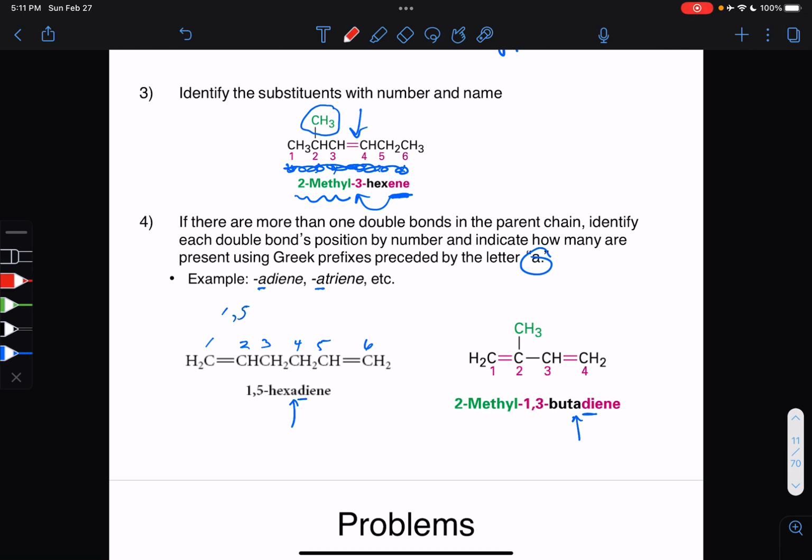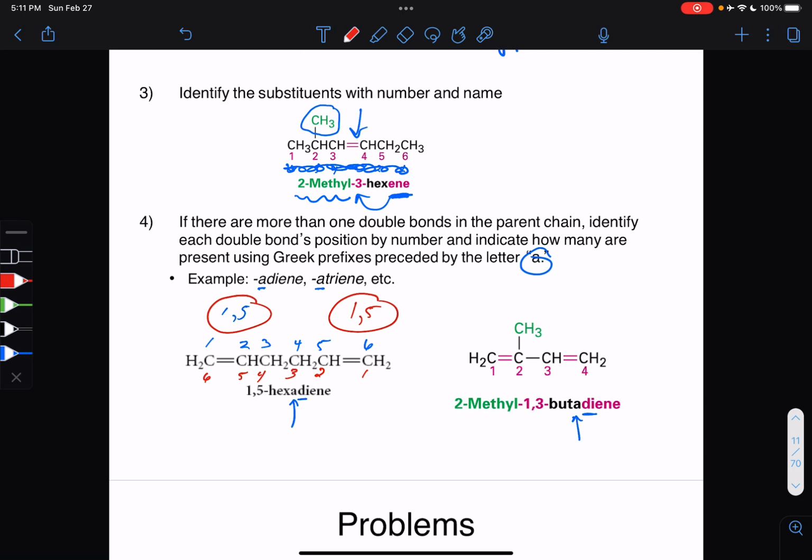If we numbered backwards, we'd have a double bond starting at 1 and ending at 2, and a double bond starting at 5 and ending at 6. So we'd have a 1, 5 either way, and we don't have any branches hanging off of this chain to tell us which way we should go. So you can go either way.